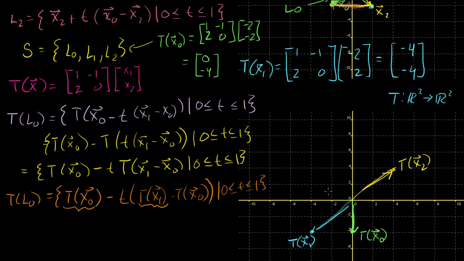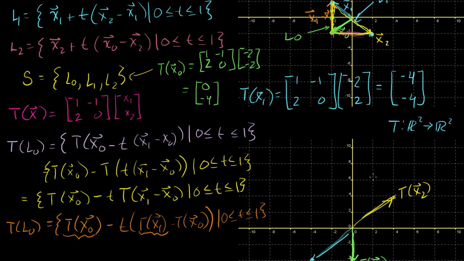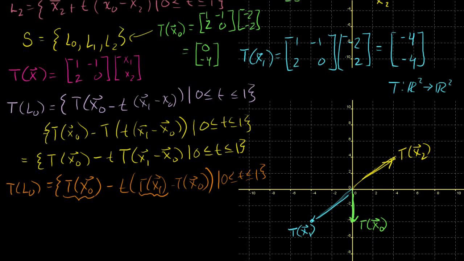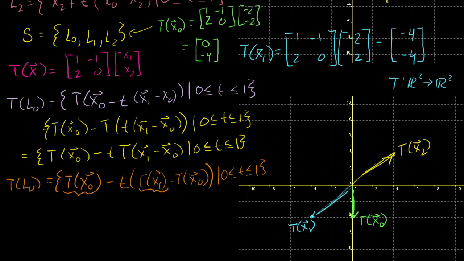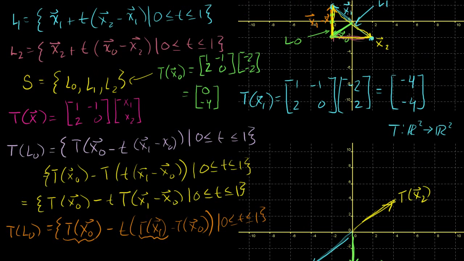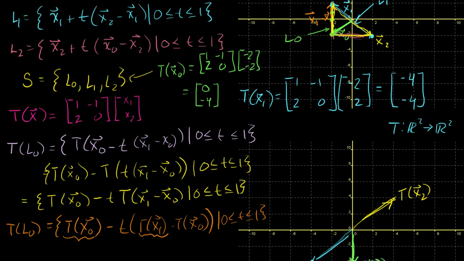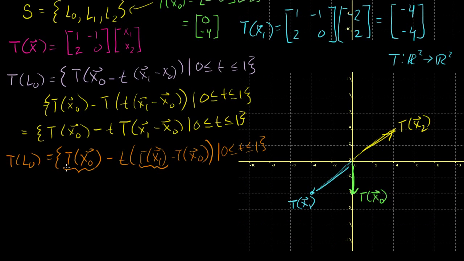And so we are able to take the transformation of each of these points of this triangle. But who knows what the transformation does to everything in between, to the actual sides of the triangle. But we're able to do a little math. When we just did the first side, L naught right there, we found, just using the definition of a linear transformation, that the transformation of L naught, of this vertical line here, just ends up becoming the line where we start off at the transformation of x naught.